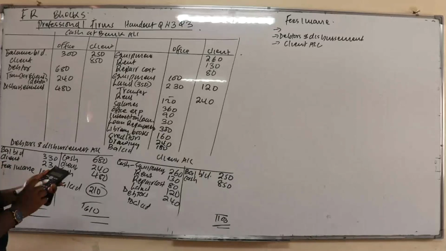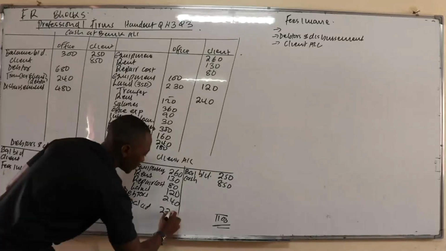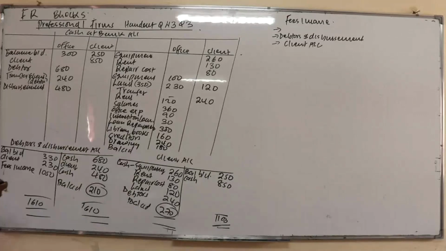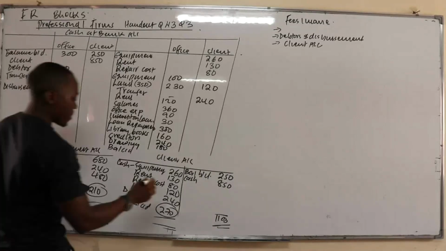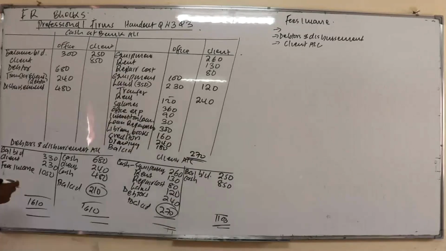Here we have 270. So you have a balance carried down of 270. This side looks to be more, so that's 330, 120, 360.